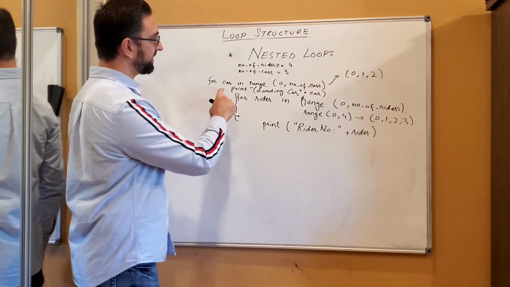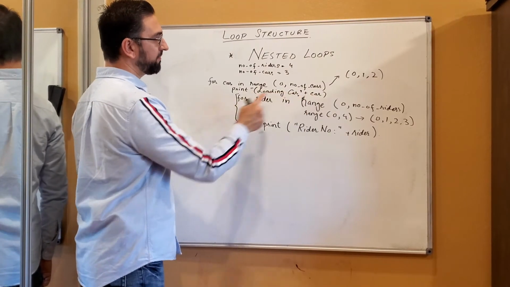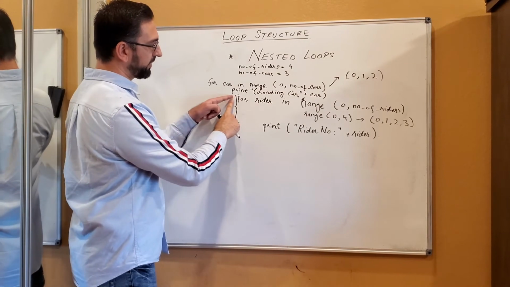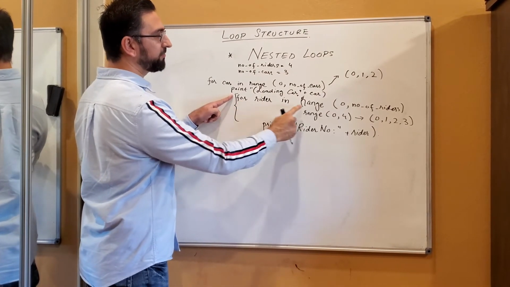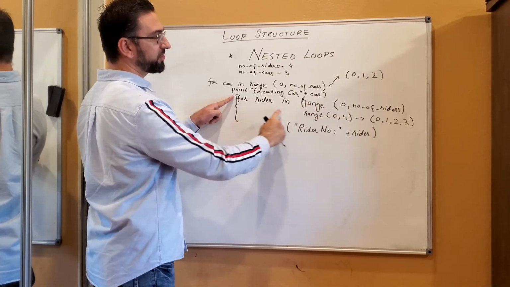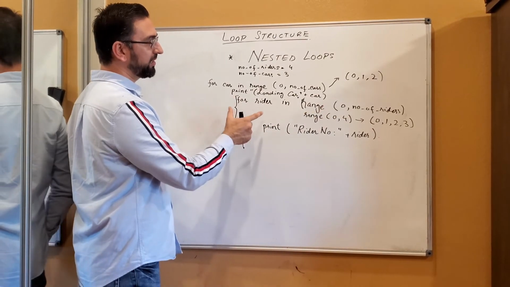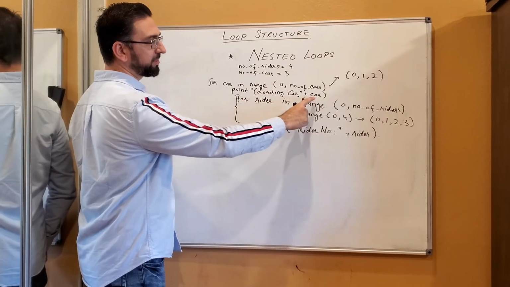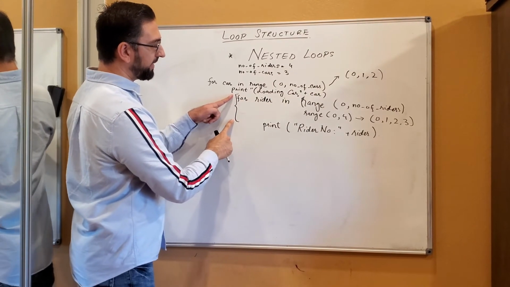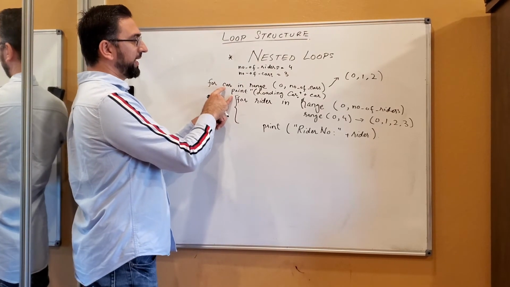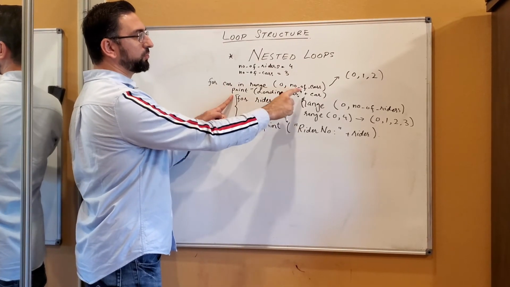Once it prints the statement loading car number 1, it will iterate over this inner loop. So the riders 0 through 3 will be seated inside car number 1. Once it finishes this loop, it will go over and see car number 2.